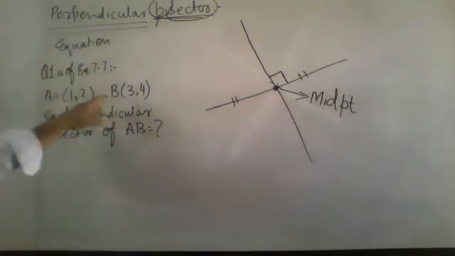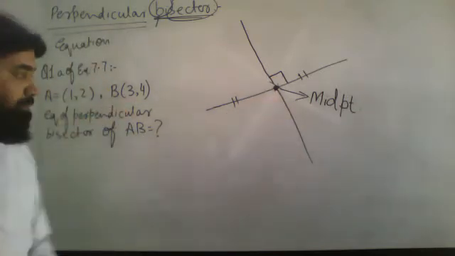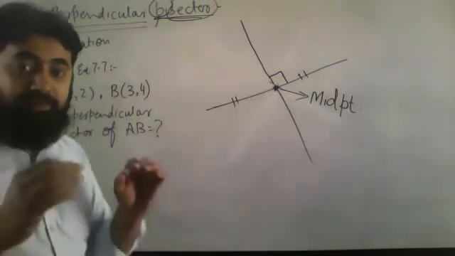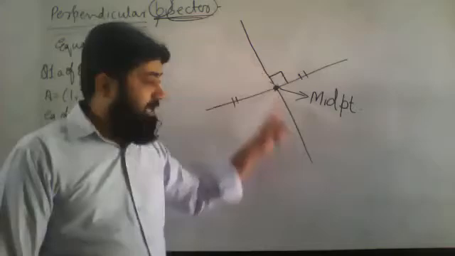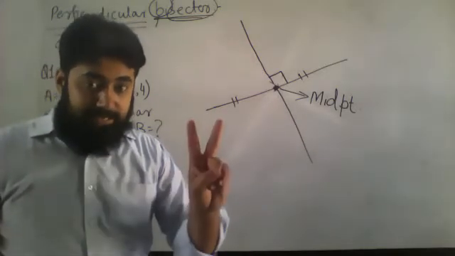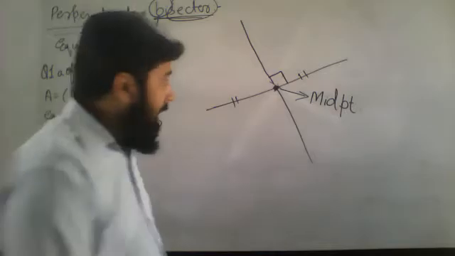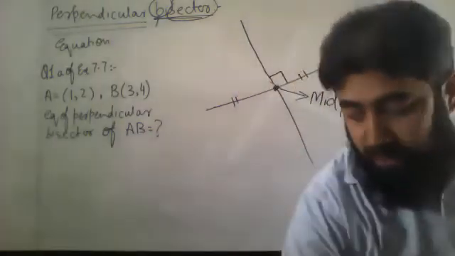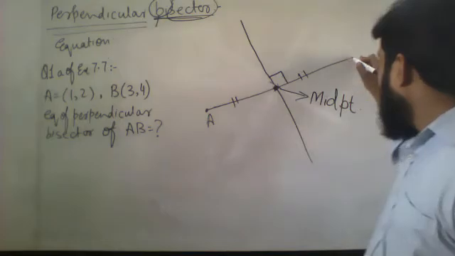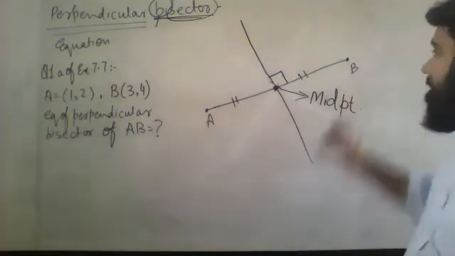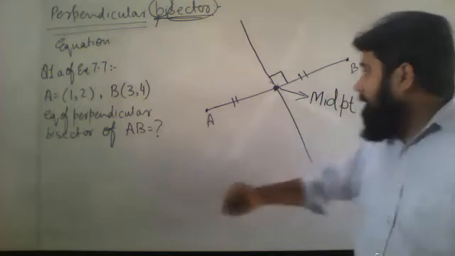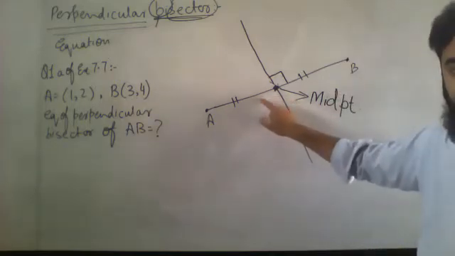So when I have got A and B over here, what will I do? I will simply take out their midpoint, and I will have the point from which this line is passing. That's my first step. Second step, what else can I do? If I am saying this is A and this is B, coordinates are given, so I can find their gradient.